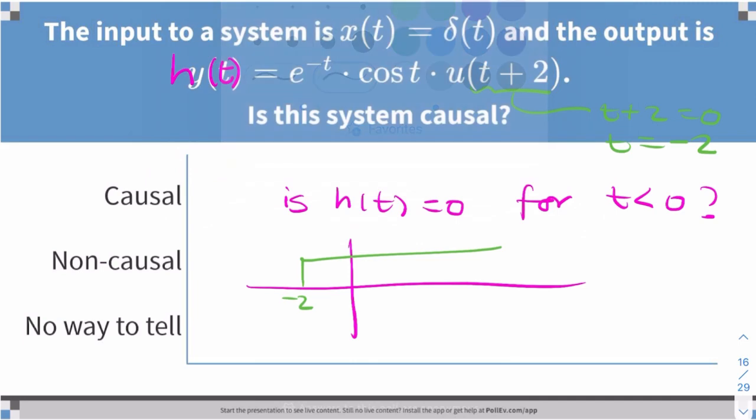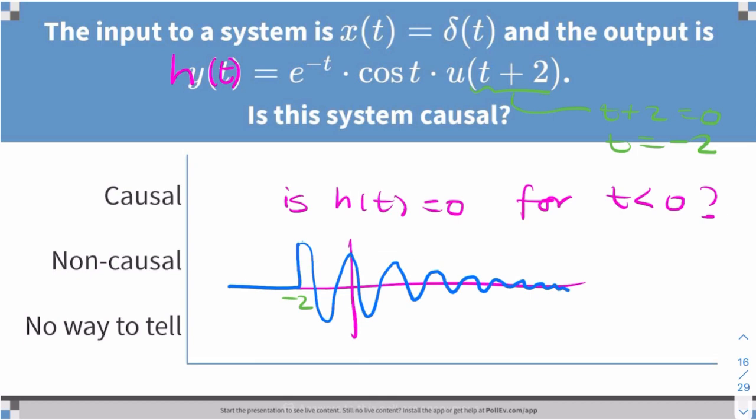So your impulse response will look something like this, and then 0.